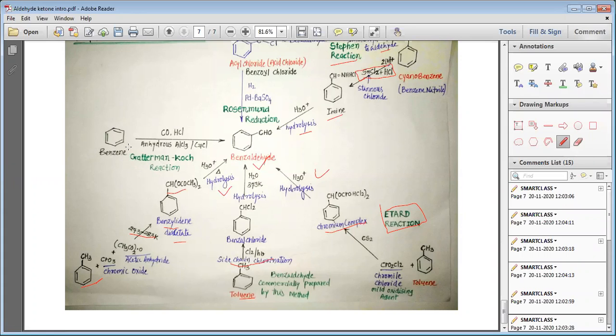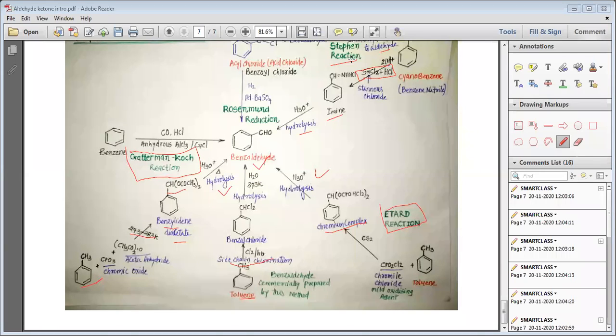And in the last reaction, known as the Gattermann-Koch reaction or Gattermann-Koch synthesis, we can convert benzene directly into benzaldehyde by the reaction of benzene with carbon monoxide and hydrochloric acid in the presence of anhydrous AlCl3.